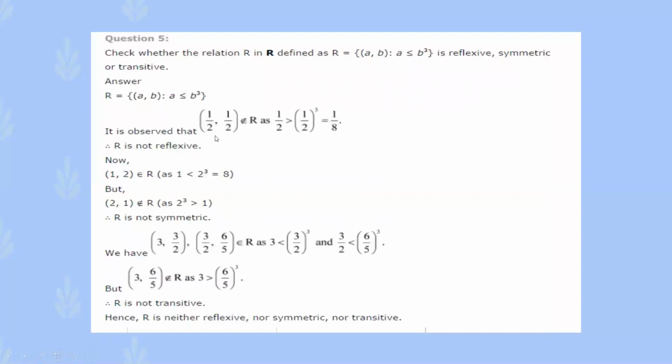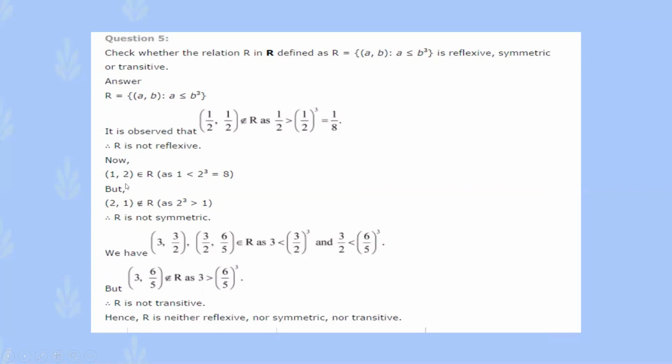So if we put here (1/2, 1/2) for checking for the reflexive, will this be possible, that 1/2 is less than or equal to 1/8? It is not at all reflexive. So it is not satisfying the first condition, which is reflexive. Here 1/2 is always greater than 1/8. So it is not satisfying.